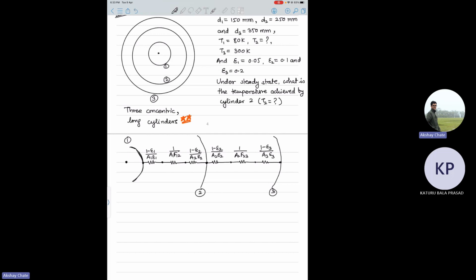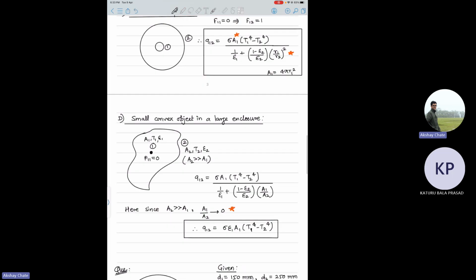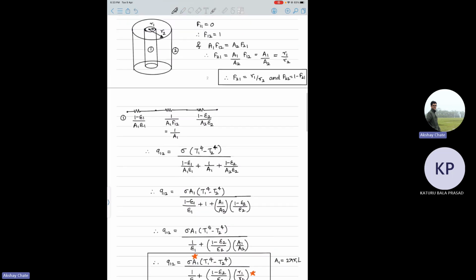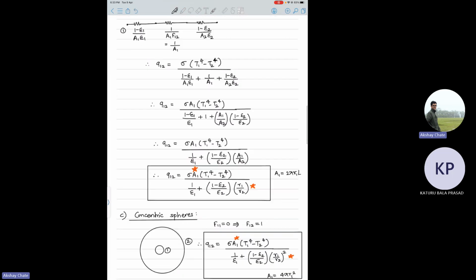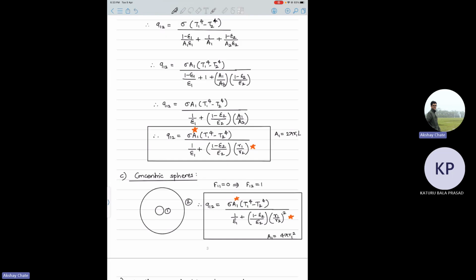Okay, so now consider two together. If you consider these two together and these two together, what you get is Q12. What is our formula for long concentric cylinders? You have A1, the inner cylinder area, in the numerator.